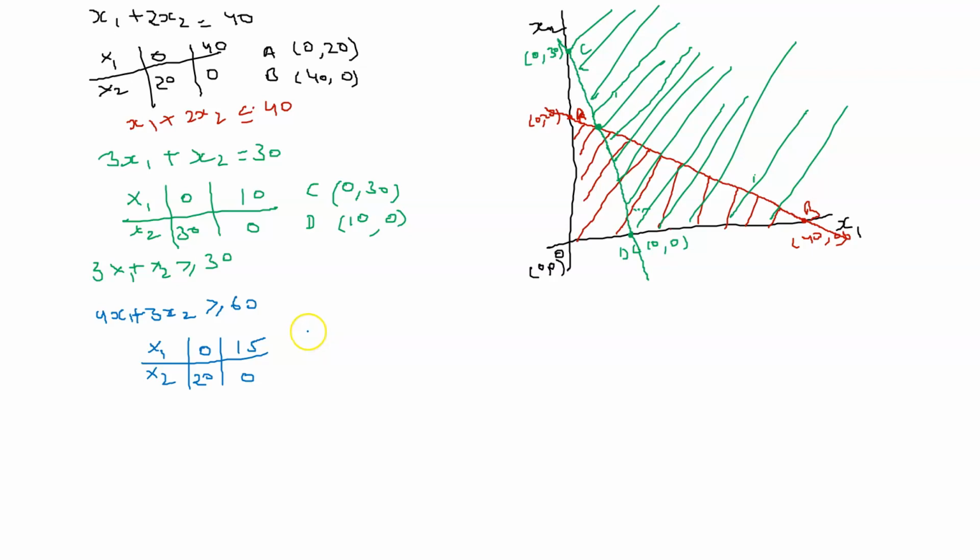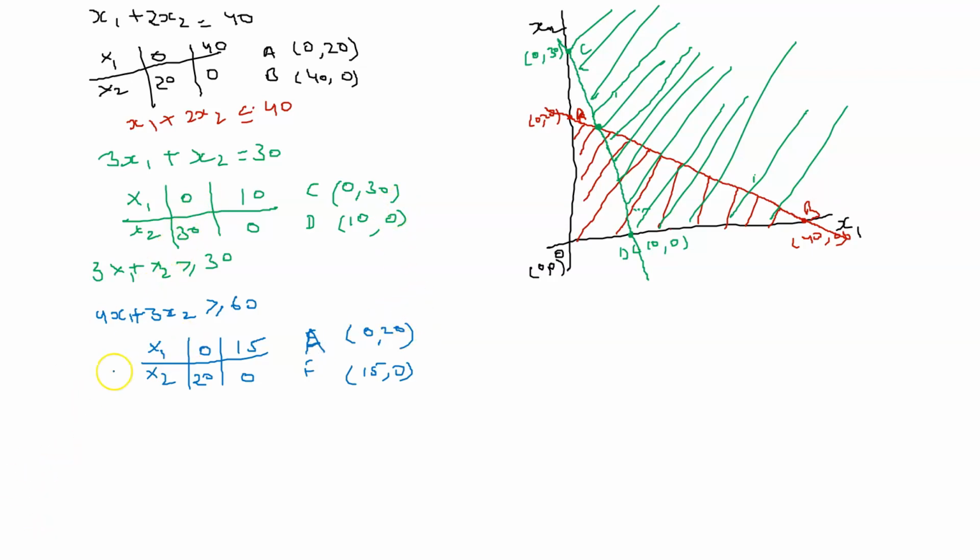We may call these points E and F. E has the coordinates 0, 20, and F has the coordinates 15, 0. E is the same point as A, with coordinates 0, 20, so we call it A only, so that there is no confusion.